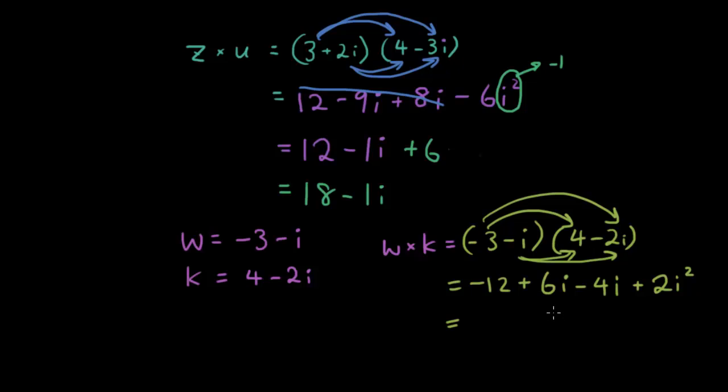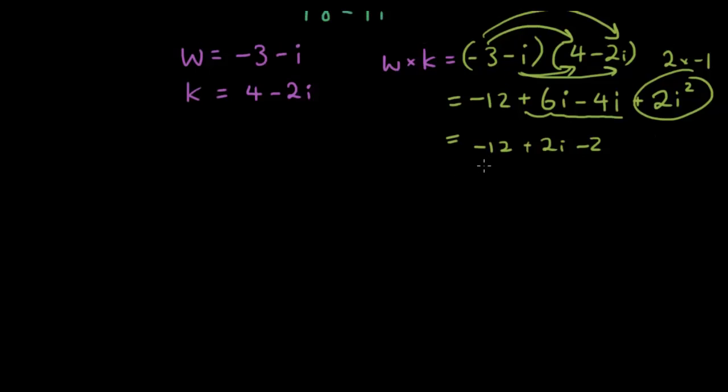Continuing from that, I'm going to simplify the middle two terms. So that's negative 12 plus 2i. And then the 2i squared becomes plus 2 times negative 1, because i squared is negative 1. So that becomes negative 2. Then negative 12 minus 2 is negative 14 plus 2i.